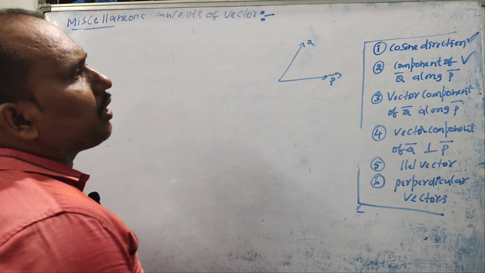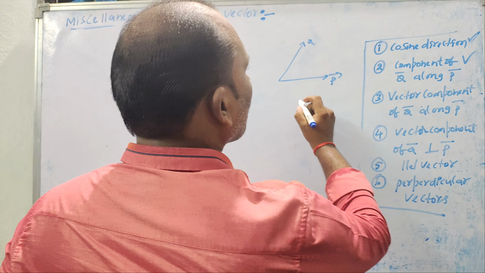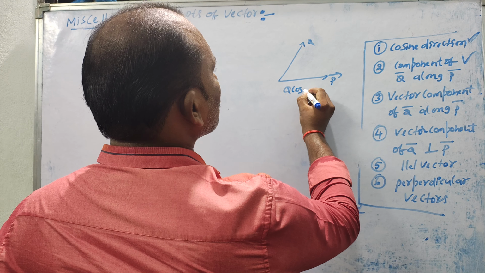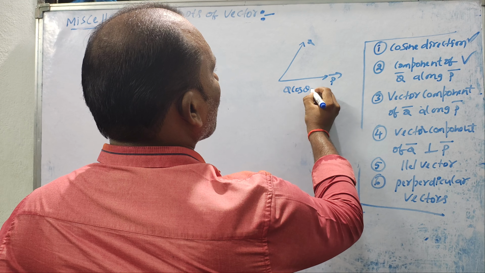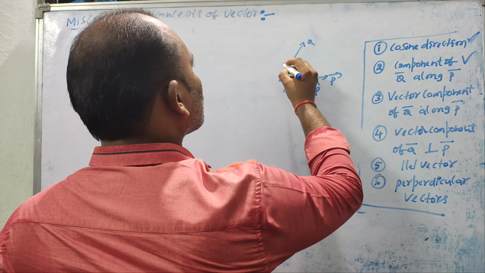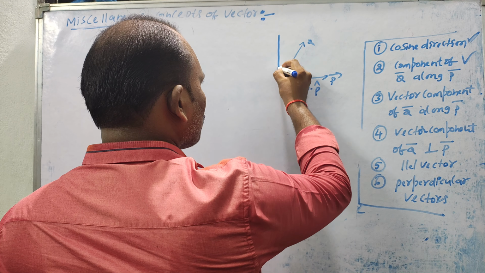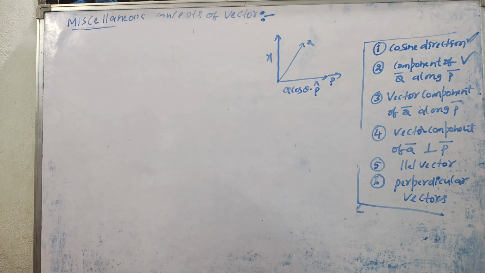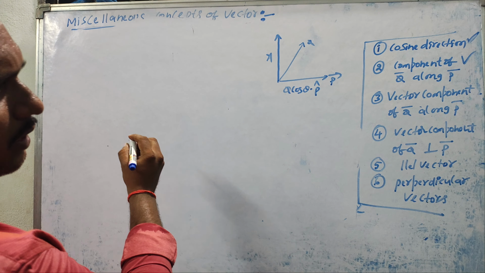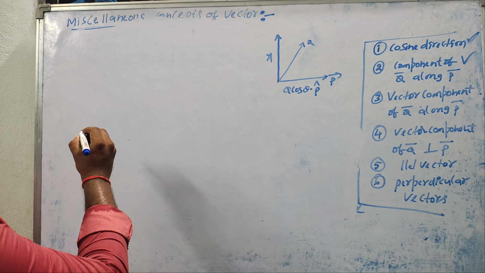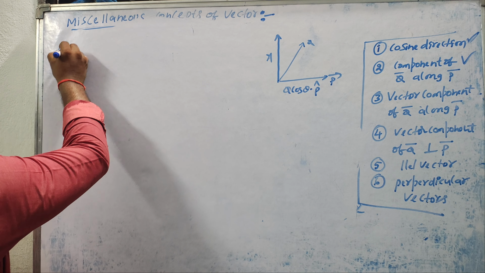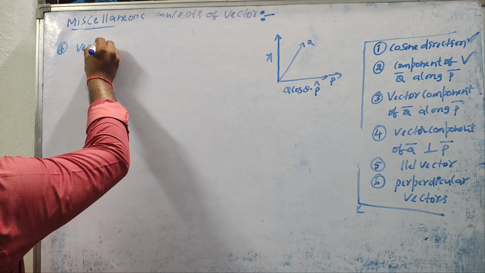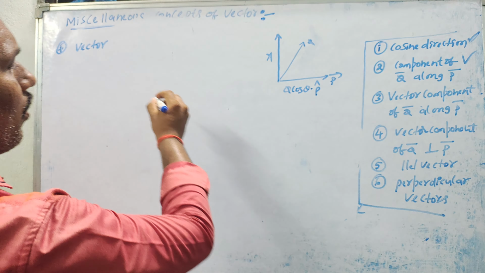What is the vector component of Q bar along P bar? It is Q cos theta P cap. Now I want this other component, let us say x, the vector component of Q bar perpendicular to P bar.